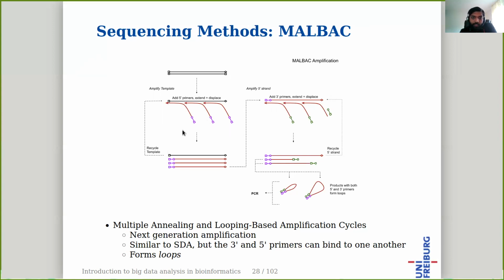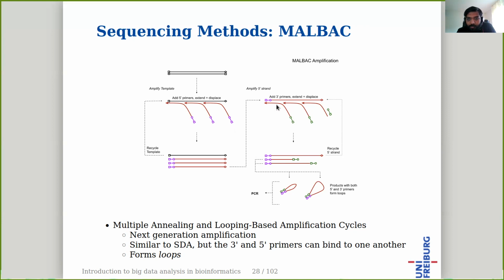But once you have generated these 3 complementary strands with the initial primers, these strands are again used to do another round of amplification, where you generate the opposite strand of these complementary strands, which is usually this strand. But this time we have primers that are complementary to the primers that we attached here.